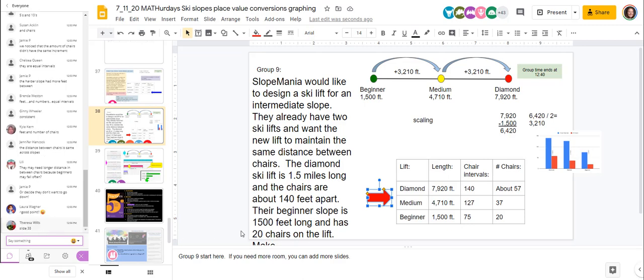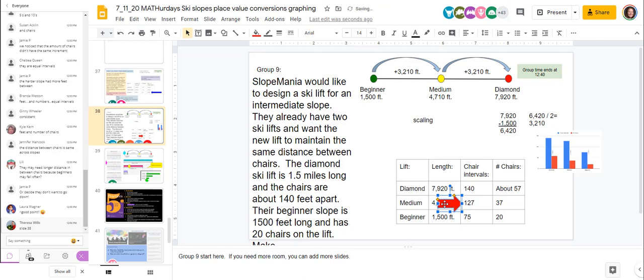Well, we compared the number of feet. Okay, I didn't take a picture of it, but we did 7920 is to 140 as 4710 is to X. So we got the chair intervals.